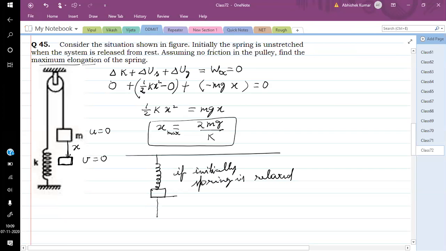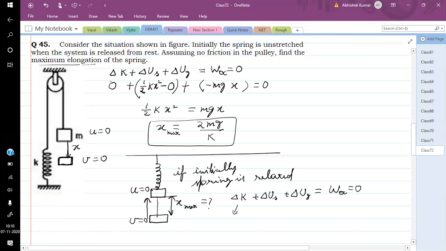The object will come down and it will stop for a moment and then return back. Okay, so what will be maximum elongation? Find the maximum elongation. Write the same kind of equation, and if you write same kind of equation, initially the v is 0 and finally the v is 0. So delta K plus delta Us plus delta Ug equal to work external is 0.